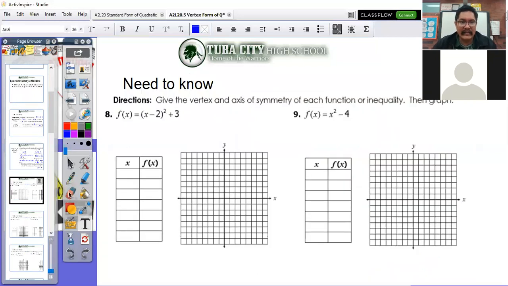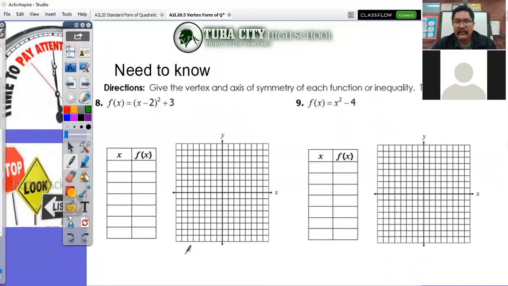All right, let's go ahead and graph some of these. So find the vertex and axis of symmetry of each function or inequality and then graph. All right, so first thing we need to do is find the vertex. So we'll label it vertex. So that's the turning around point.